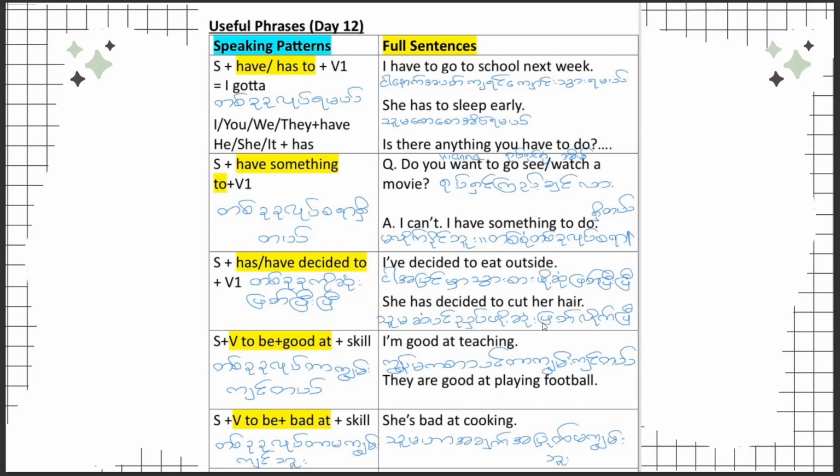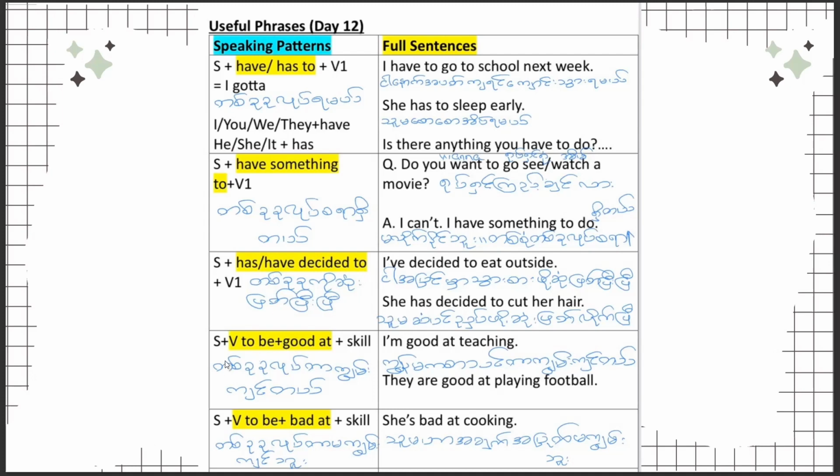So we need to remember this one: have/has decided to. If the pronouns are I, we, you, they, we need to add have, and if the pronouns are he, she, it, we need to add has. Here is I, so we add have. This is a contraction of have. And then this is she, so that is why we add has.